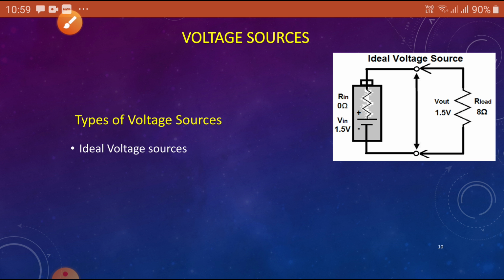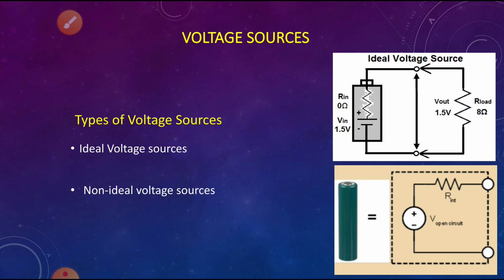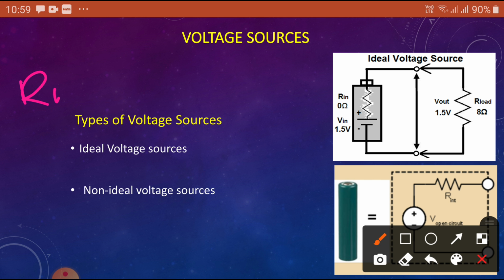Now what is the non-ideal source? In this case we assume there is some internal resistance, for example 1 ohm.